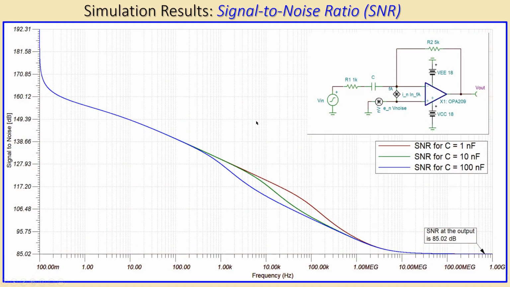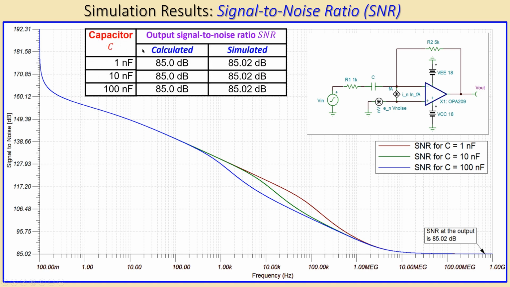Now, signal to noise ratio is also very important. Let's also look at that one. You can see it starts very large at DC approximately and then goes down, and you cannot discriminate these plots from the capacitors, but then there will be some difference here, and then they will again come together and approach a value very close to 85 dBs.